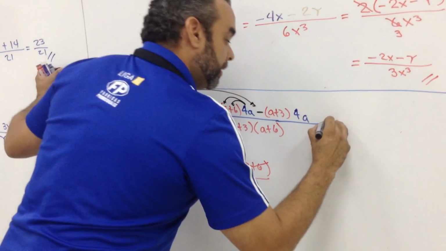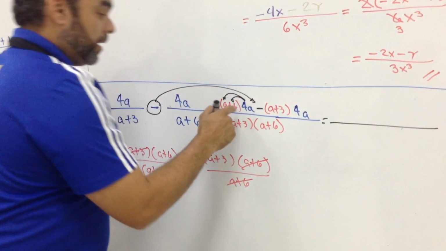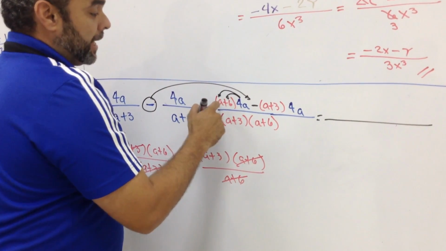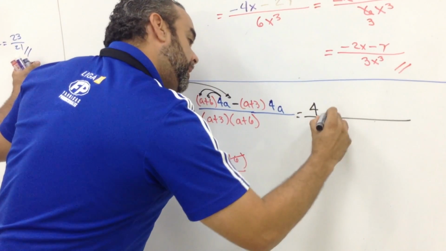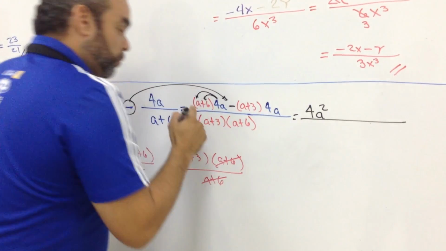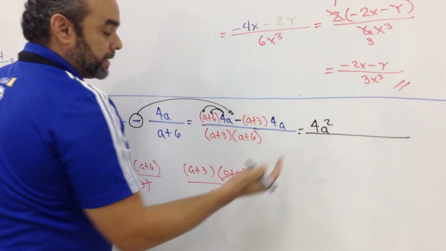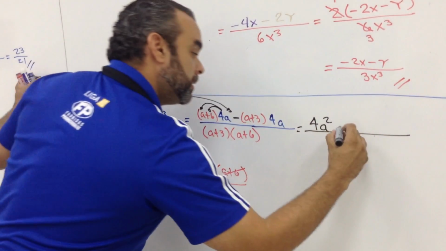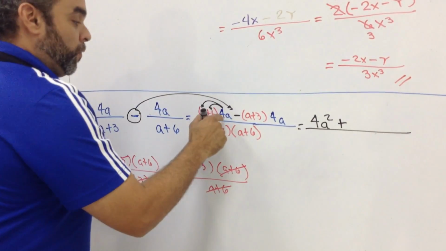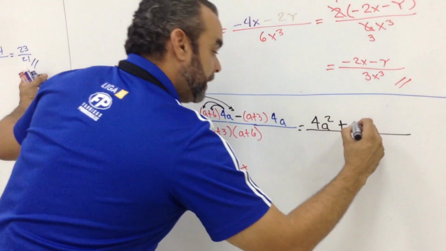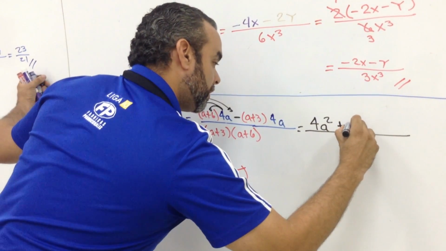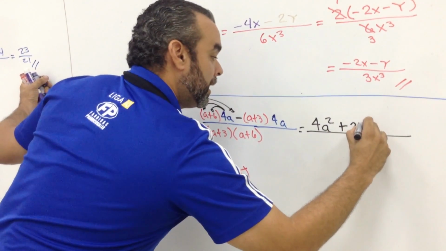So let's do that. In this case, it's going to be 4a times a. It's going to be 4a to the square, because we have to add the exponent. 1 plus 1, it's 2, so it's a square. Plus 4a times 6, it's going to be 24a.